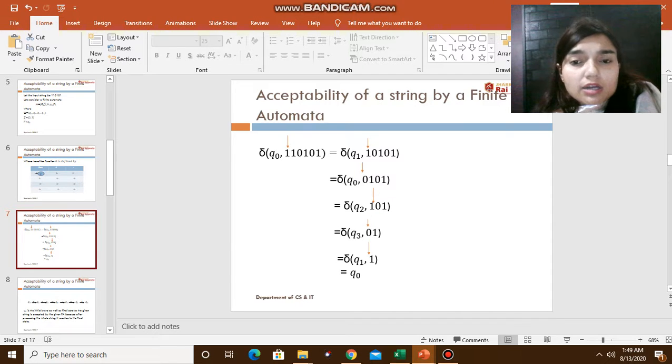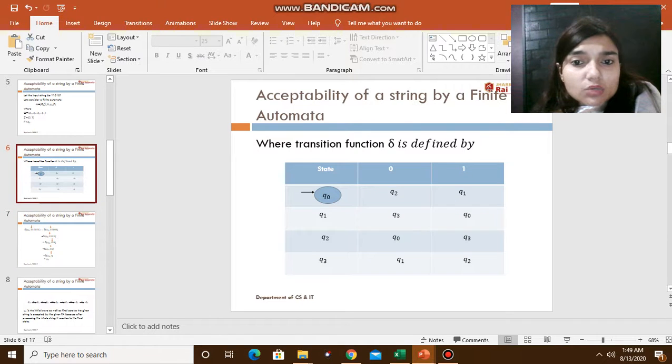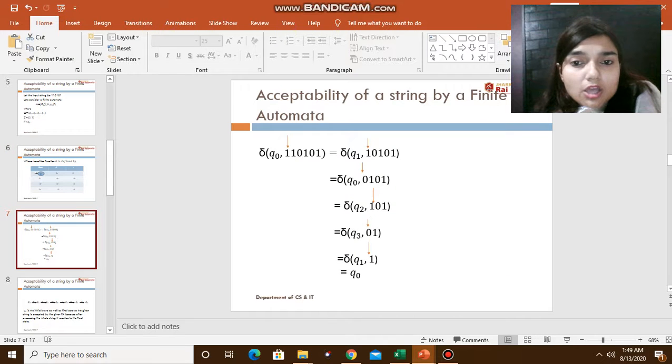So now the state is changed to q3 from q2. Now q3 में 0 देने से we reach q1. Yes, the state is now changed to q1.